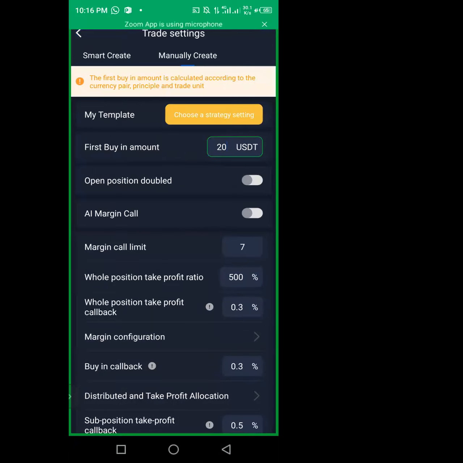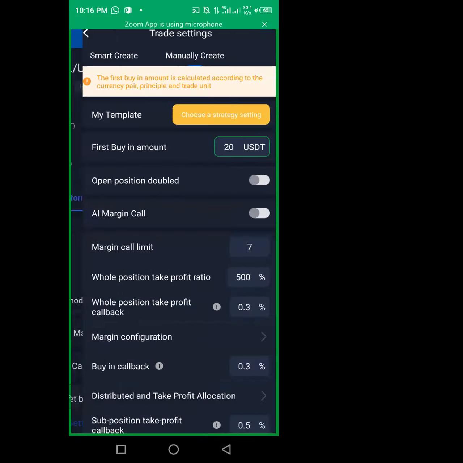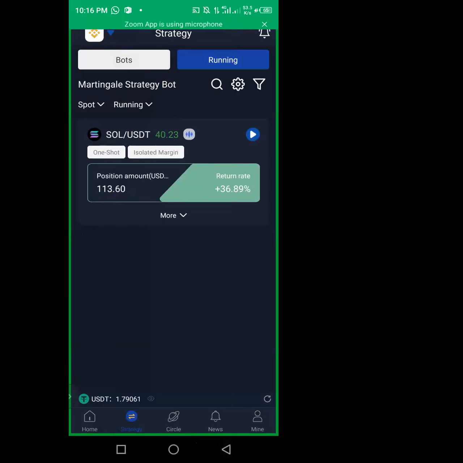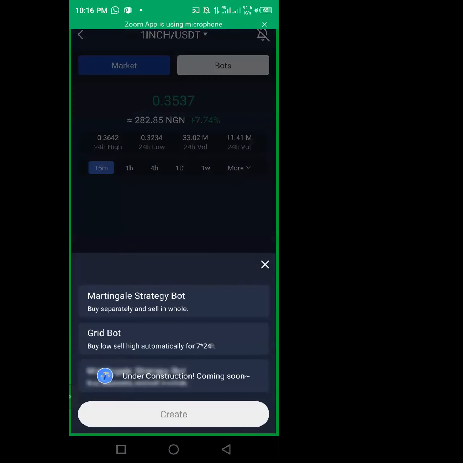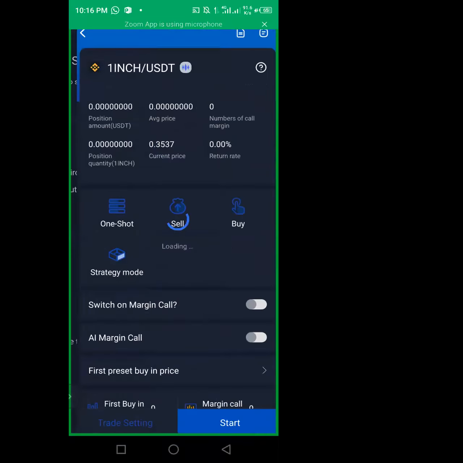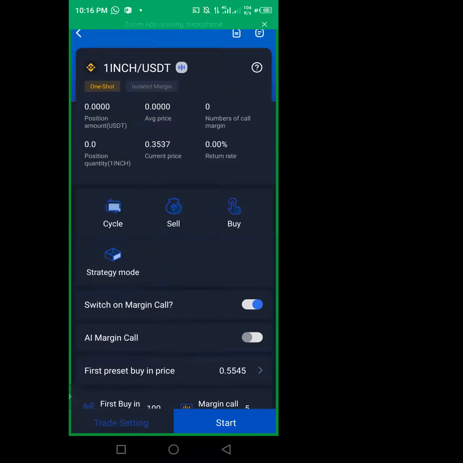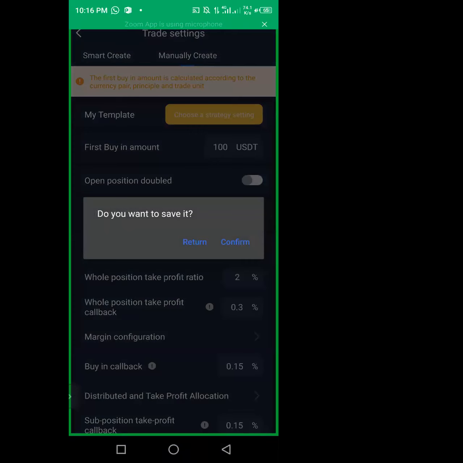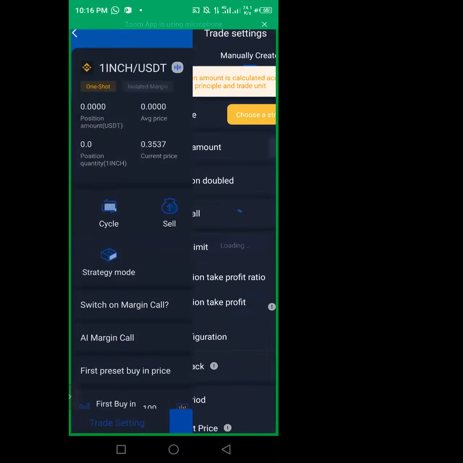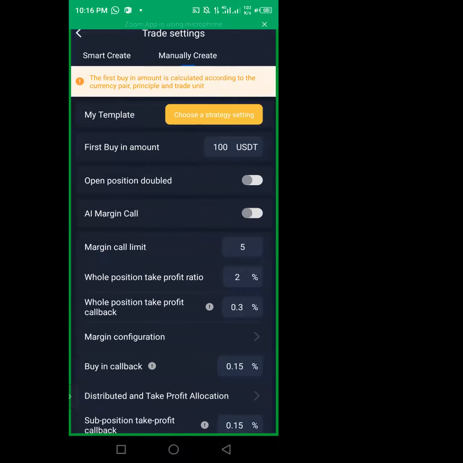Now, it was 1inch I was doing before, so let me go back to my 1inch. Once the trade has started, I will come back here and click on trade settings. Now, if I want to use margin, remember I've already started my trade, because I told you in this bull run, entry price matters.